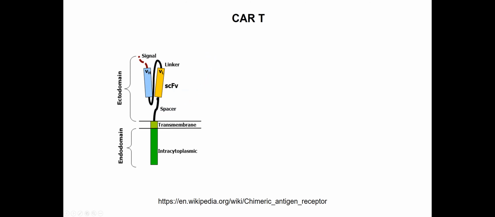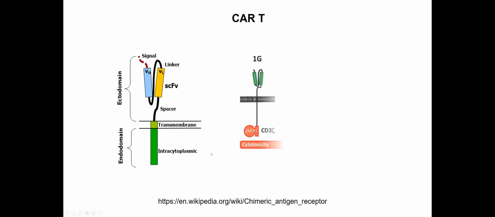Then the advantage is you can introduce this part onto the same sequence here. This single chain Fv does not require an MHC on the other side, right? Antibody does not require MHC. That's why binding affinity or selectivity can be enhanced, because it has the original T cell receptor and an extra recognition part here.